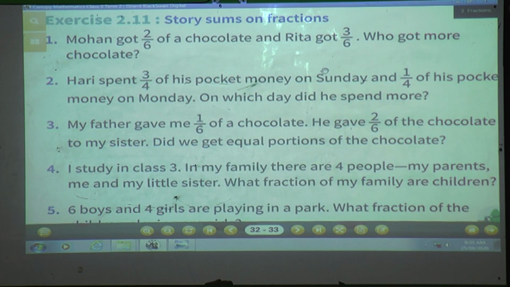Yes, we have to do the comparison of fractions. Now see these two fractions carefully, 2/6 and 3/6. And the question is, who got more chocolate?